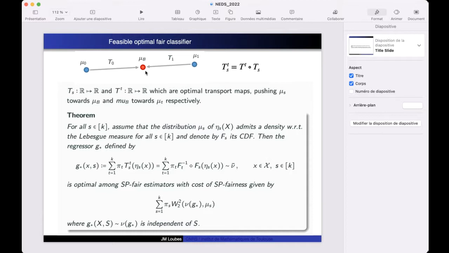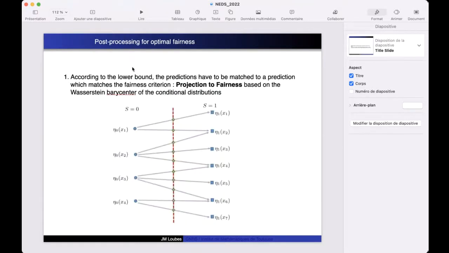So the idea is the following. What do I do? I compute all the bias estimators, eta s of x, and I combine them using the linear combination of all the functions that I push towards this barycenter. Just to clarify, I show you the feasible way to construct it.